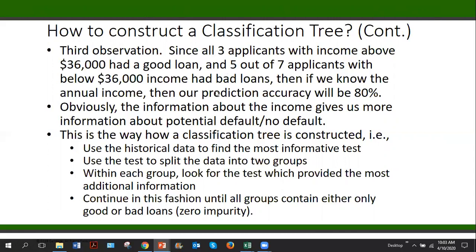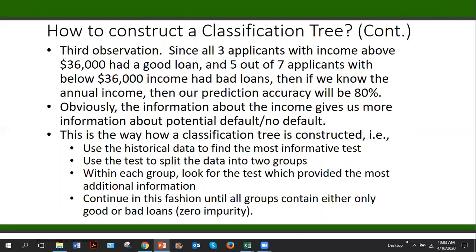So this is how the classification tree is constructed, based on the historical data we have. In this simple example, we were able to figure that out manually, but when you have a huge data set, that's what software will do, and there is heavy math behind it.